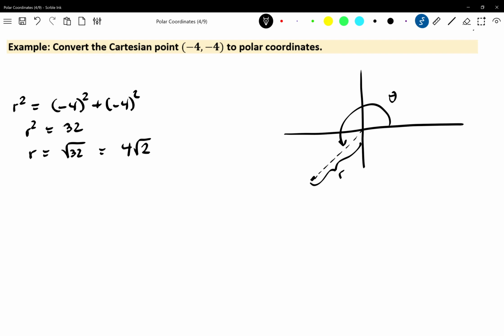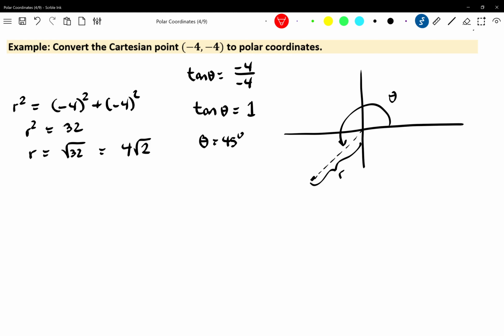Great, so there's r. Now we know tangent of theta is y over x, which means tangent of theta is 1. Now we know that corresponds to a magical angle of 45 degrees. But that's a first quadrant angle, so my angle can't be 45.